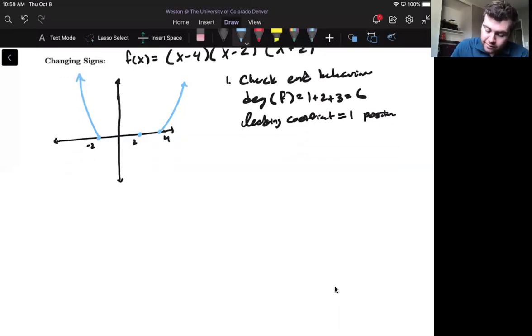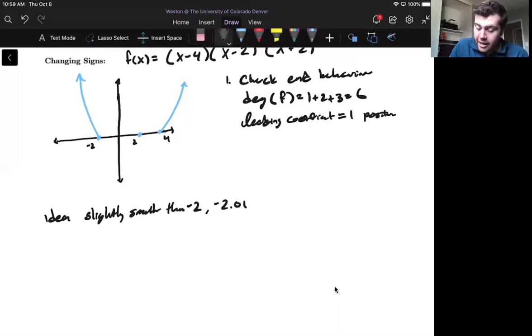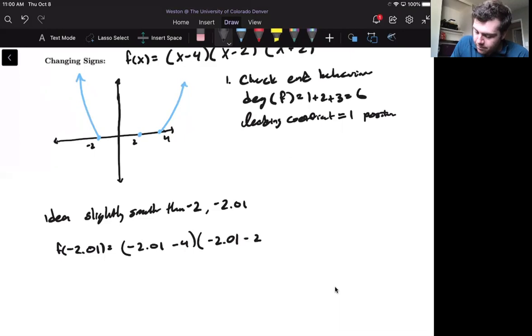So if we plug in a number slightly smaller than negative 2, so like negative 2.01, if we plug in f of negative 2.01, we get negative 2.01 minus 4 times negative 2.01 minus 2, and we get negative 2.01 plus 2, which equals negative 0.01.